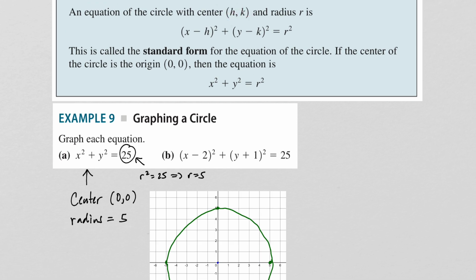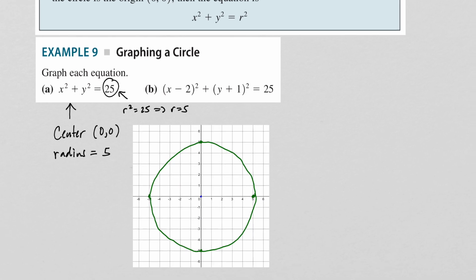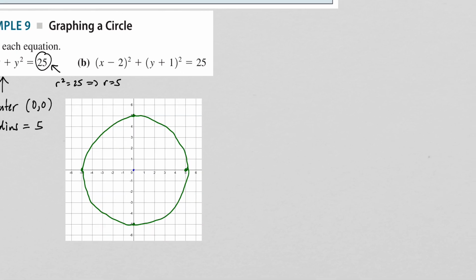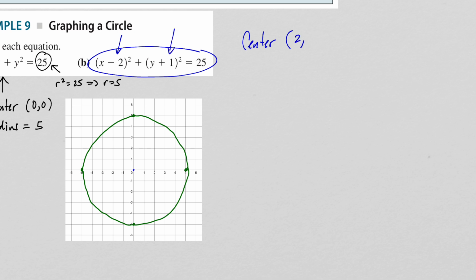So the way to interpret this is that whatever you see here is the opposite of the coordinate for the center of the circle. So for this equation, the center is going to be at the point (2, -1), and the radius is still going to be 5.